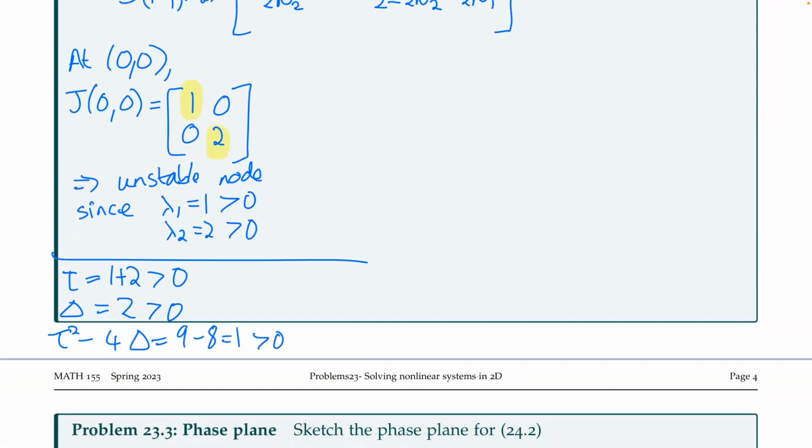So tau squared minus 4 delta is greater than 0, so we have real eigenvalues. We have a positive trace and a positive determinant. What does that mean? We have an unstable node. So you can work it out either way and you end up with the same answer.